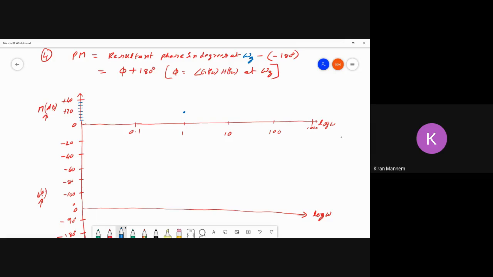Now I should draw a minus 20 dB per decade line. How do you draw it? That is the key point here.